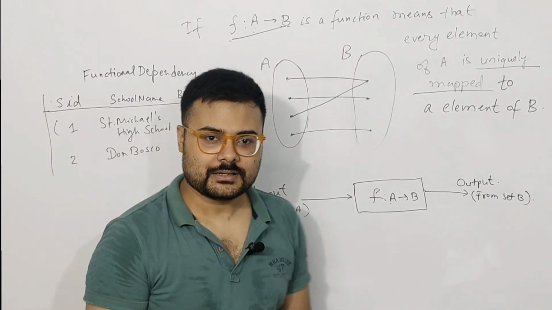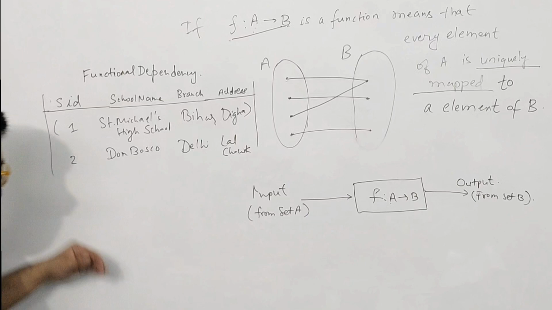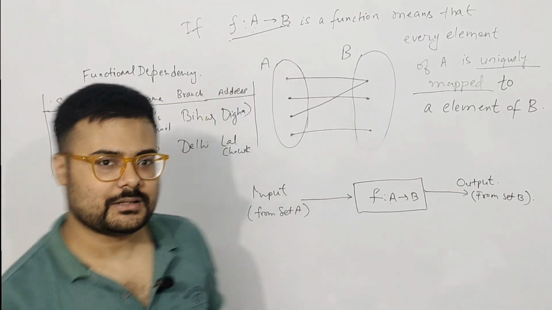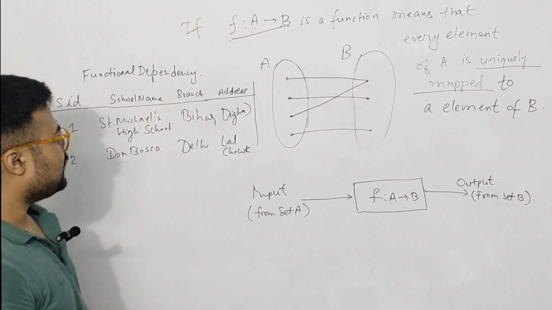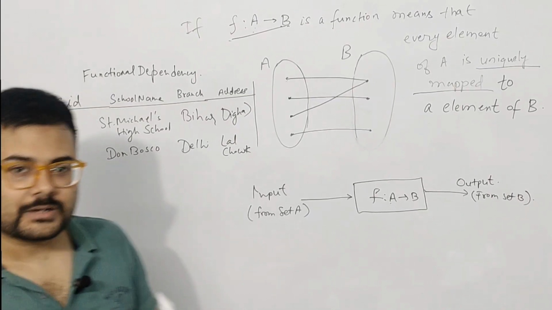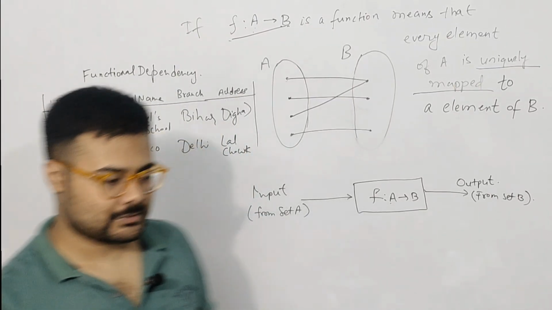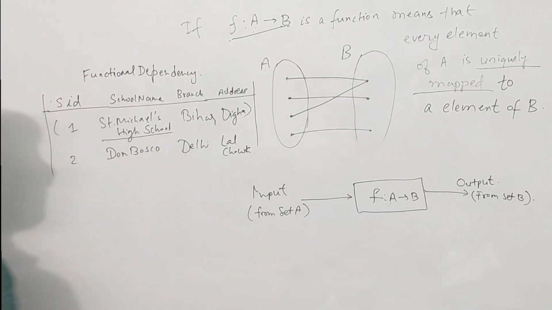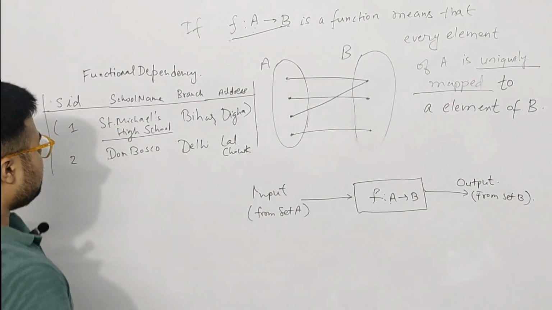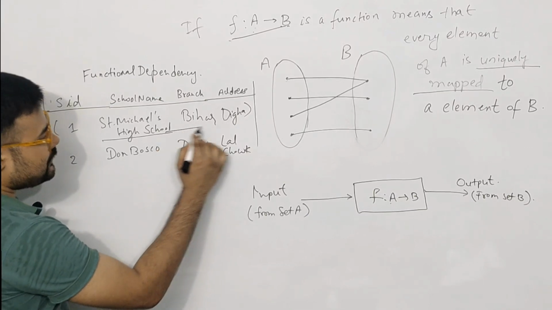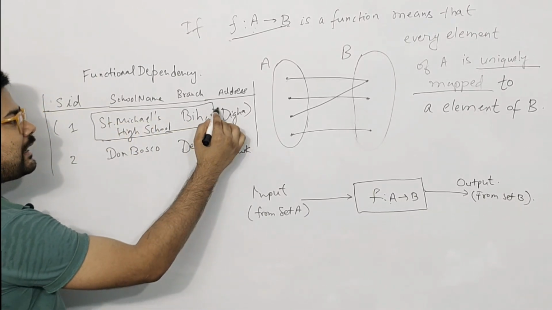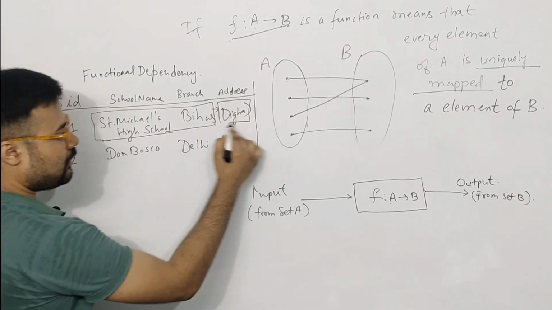But what I am saying is this: while creating the table, the database designer will specify some functional dependencies. And what are the functional dependencies? If you know a school name and branch, then the address has to be Digha.